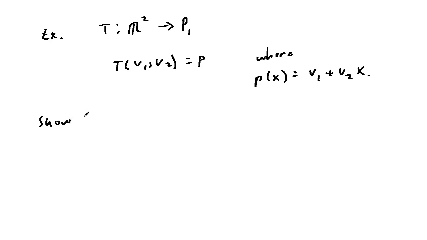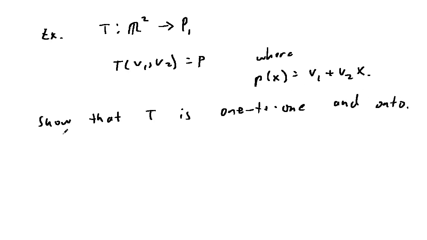Show that T is 1-to-1 and onto. Okay, so let's start with the 1-to-1 property. Suppose T of u equals T of v.